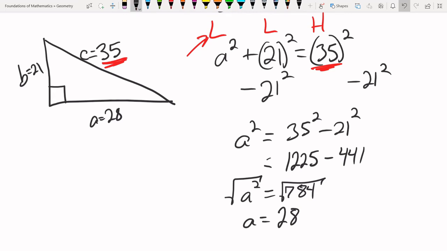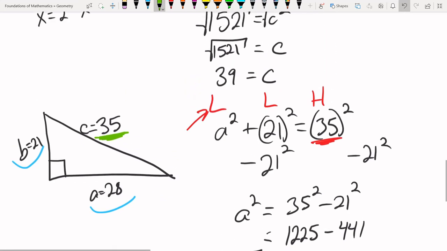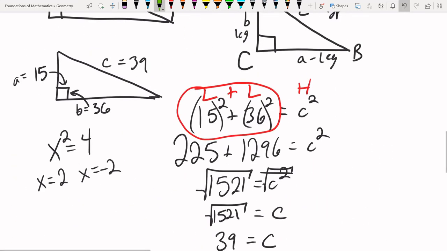Now, one thing you may notice in both of these triangles is we have legs being 28 and 21, and the hypotenuse is 35. The hypotenuse is greater than both of the legs. In the previous one, we have a leg being 15, a leg being 36. The hypotenuse is 39.